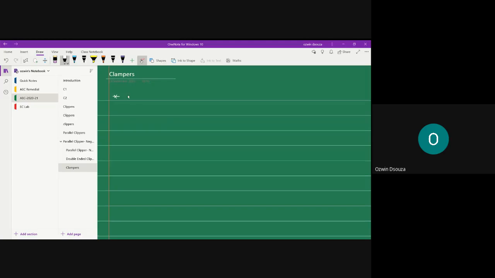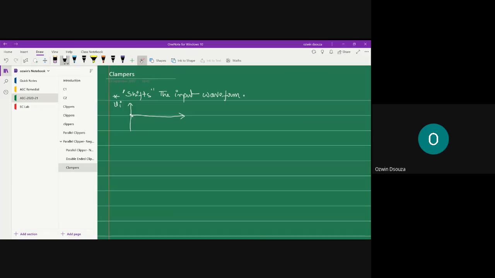So a clamper circuit shifts the input waveform. Normally, we represent the input waveform in such a way that it starts from 0 volt level.